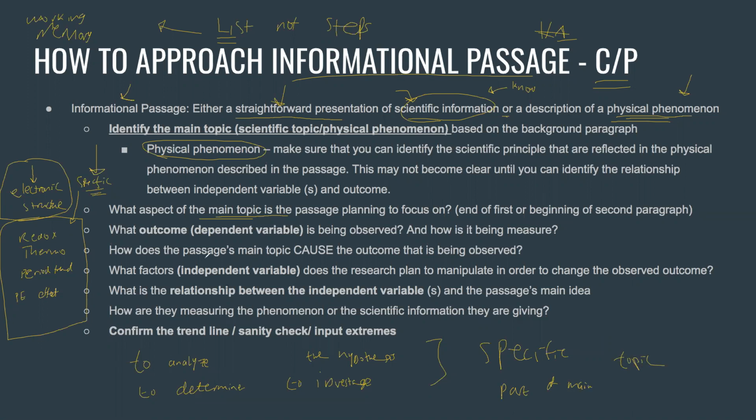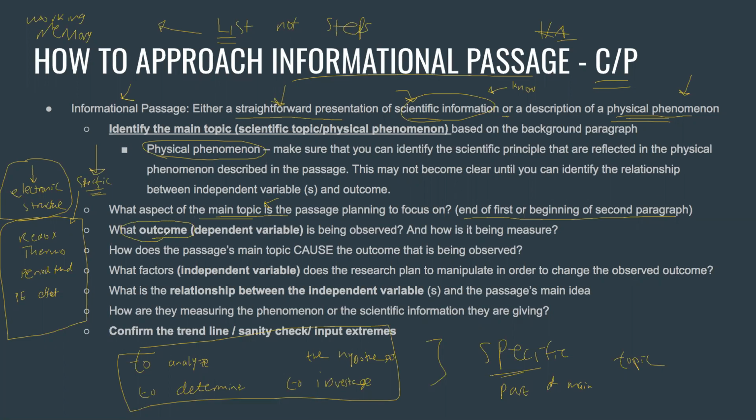All right. So from here, my recommendations, right? So all you've done so far, you've read like the first 1 to 2 paragraphs, right? End of the first or beginning of the second. And you've picked up what the main topic is. You've used your major keys to figure out the specific part of the main topic, right? The rest of the work is kind of easier, right? You got to figure out what the outcome is.